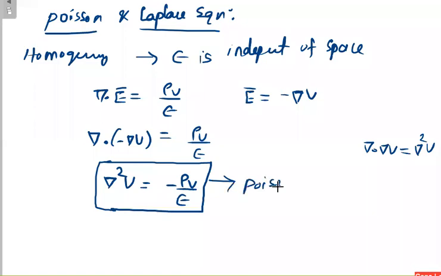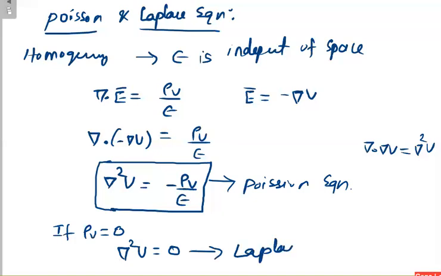In a particular case, suppose no charge density is present, that is, volume charge density is 0. Then once you do the second order differentiation, you will definitely get 0. This particular case is called the Laplace equation.